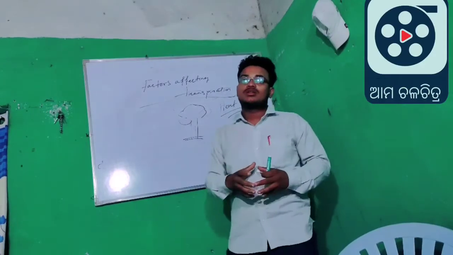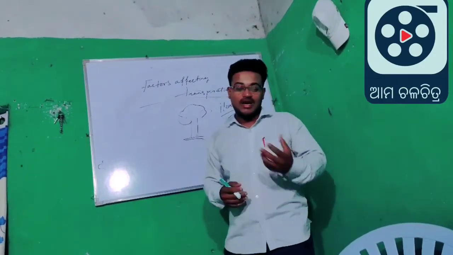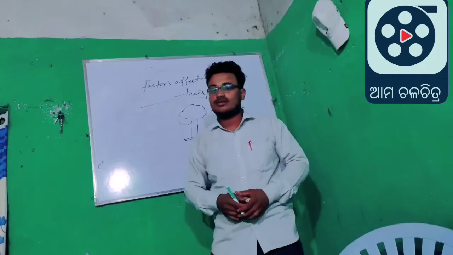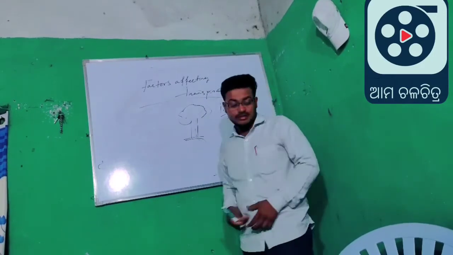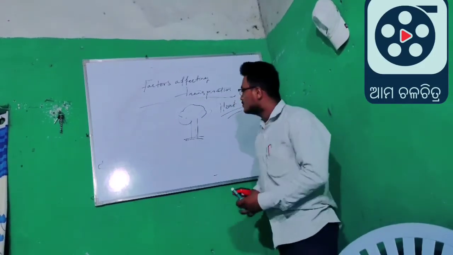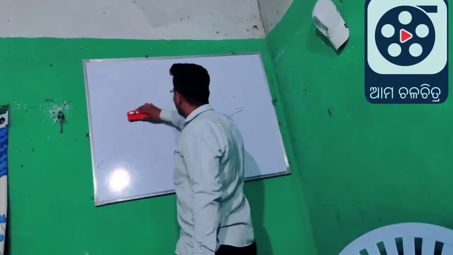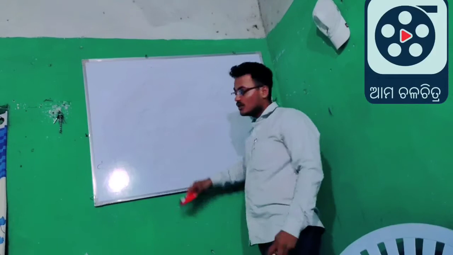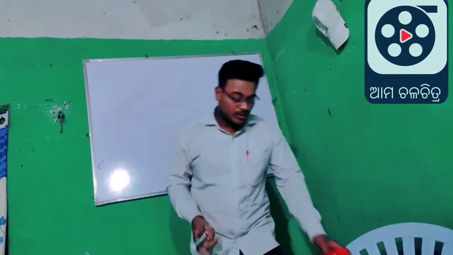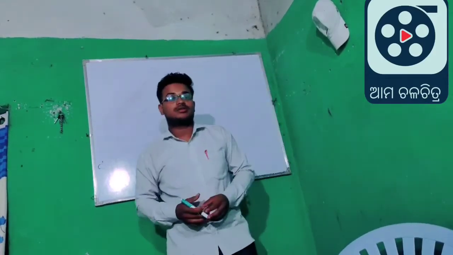If photosynthesis is more, then transpiration will be more. If a plant gets more sunlight, that is also a factor affecting transpiration. So now you properly understand transport and transpiration.